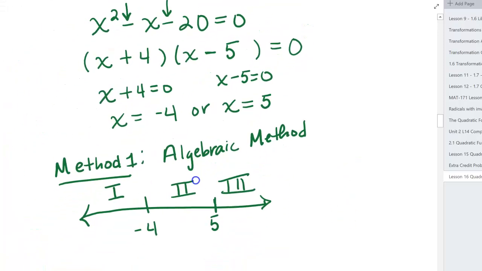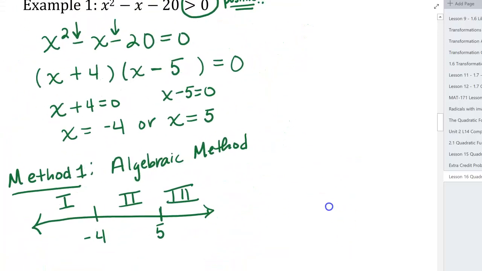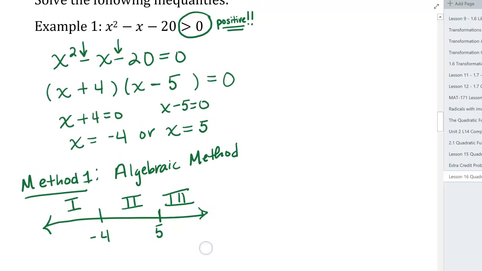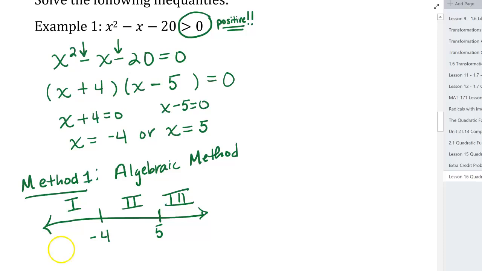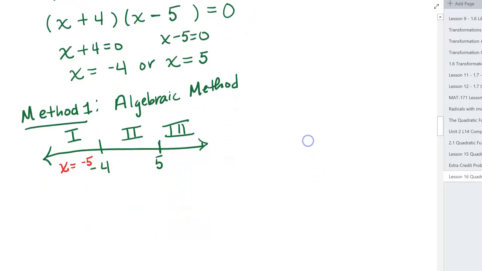So let's look at our intervals. I'm looking in this first interval, and I'm trying to find a value in this first interval here. So a number in that interval might be x equals -5. So now I'm going to take my algebraic equation.